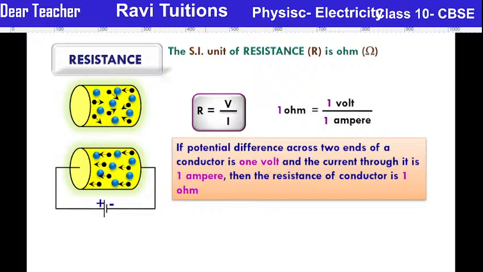Resistance is the material in the circuit which opposes the flow of charge, and the unit of resistance is ohm. You may also be asked: define 1 ohm. That means the unit of resistance. Even then, you have to write this definition.